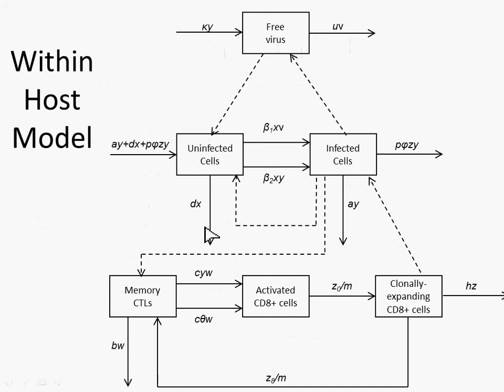At other times, we may have those models operating conceptually at the level of an individual. For example, we may have within an individual some representation of their immune function. Here we have memory cytotoxic T lymphocytes and activated CD8 cells and clonally expanding CD8 cells, which can then help fight the infected cells and which in turn can lower the amount of free virus.